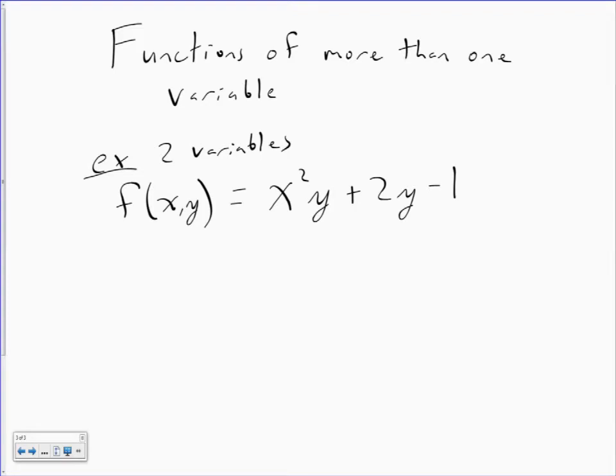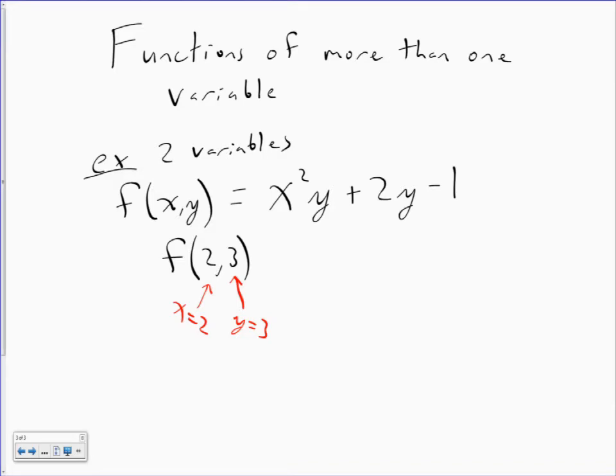And one of the very first things we want to be able to do is just understand what it means to plug in to a function of more than one variable. So if I ask for f of 2, 3, you probably know what this means to do, but just to be explicit, I want to point out that we always put the inputs in the same order as we did when we defined the function.